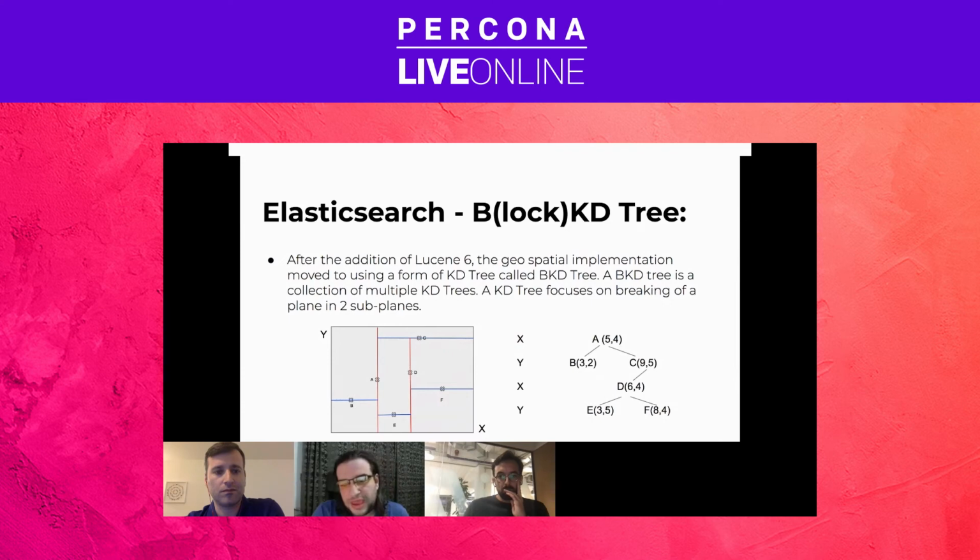It's going to go to C, which has only one relation, the point D. And then on point D, also it splits the X plane, so it's going to look to the left or to the right. Since I said 7 and 8, it's going to look to the right of it, and then we're going to end up with the H with the coordinates 7 and 8 in the plane between C, D, and F.